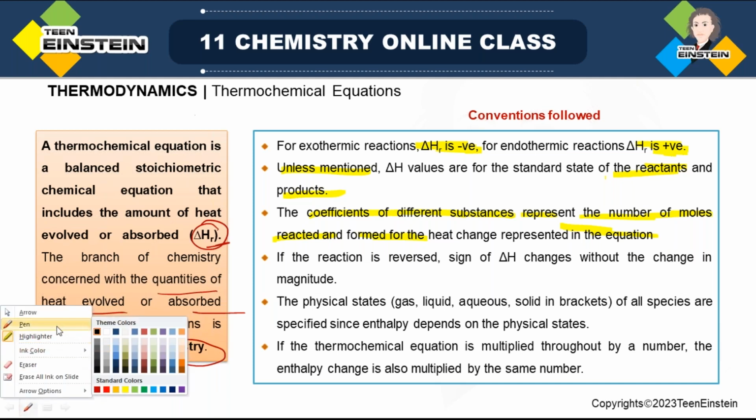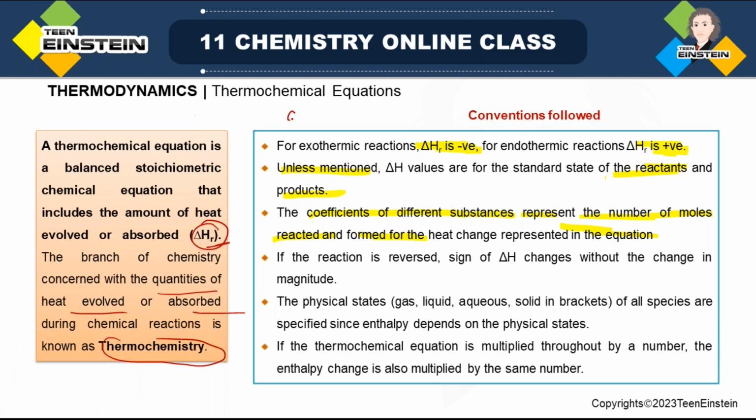In the previous equation that I just wrote, suppose it is a moles of A and b moles of B producing c moles of C. These are the coefficients involved. If the ΔH value is mentioned in the thermochemical equation, it is only applicable for these coefficients. But if you change the coefficients, obviously ΔH will also change.